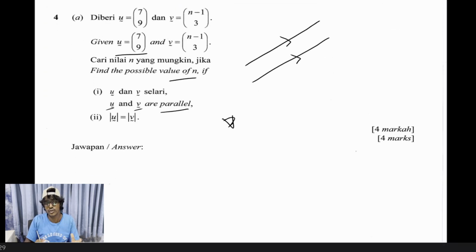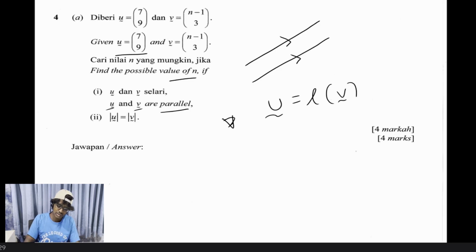U and v are parallel, so u equals a constant, a lambda, times v. This lambda is what makes them different but also unites them as well.